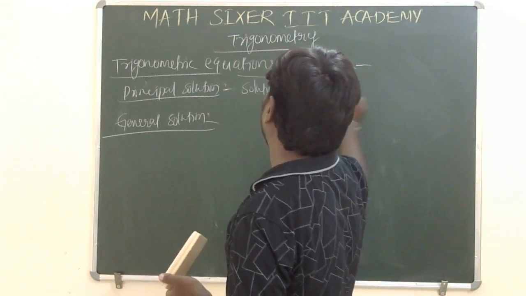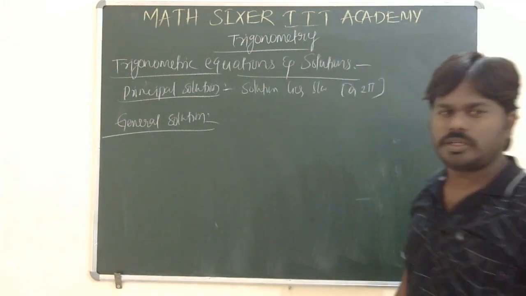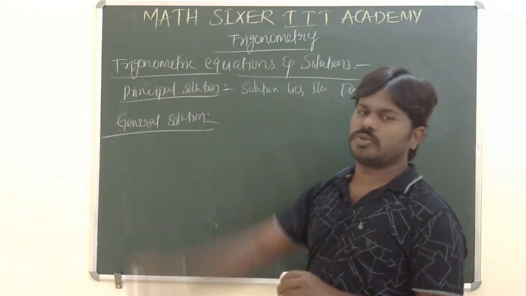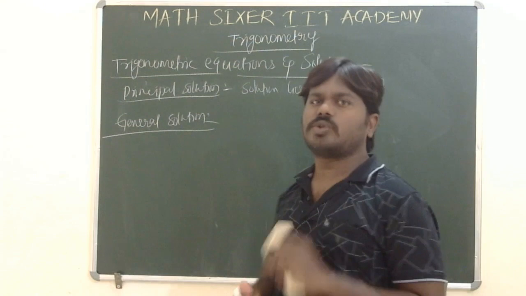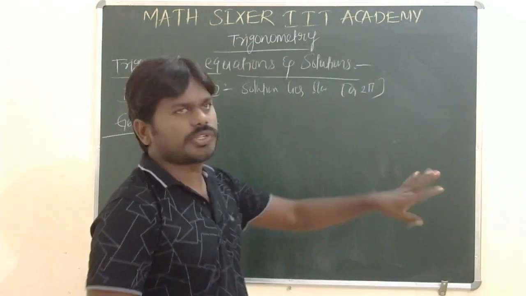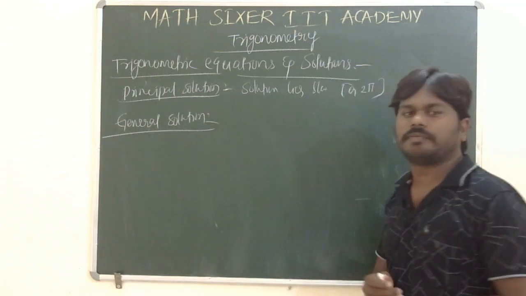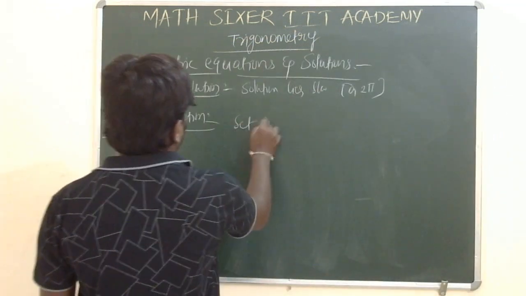The solution which lies between 0 to 2 pi is called the principal solution. And what is the general solution? It is a solution which contains all solutions for the trigonometric functions. So general solution means it contains the set of all solutions.